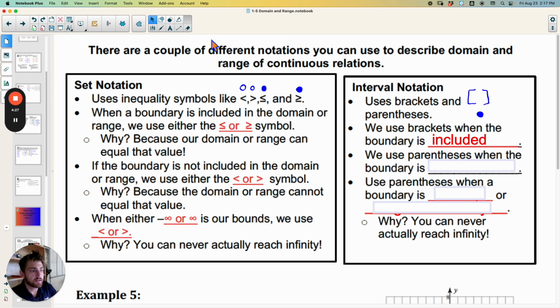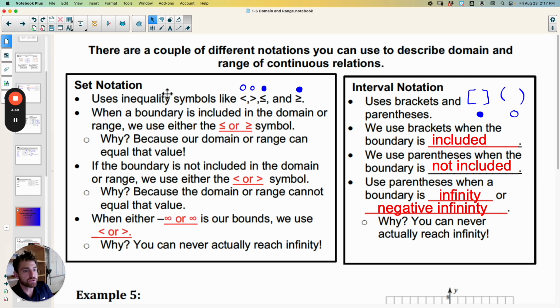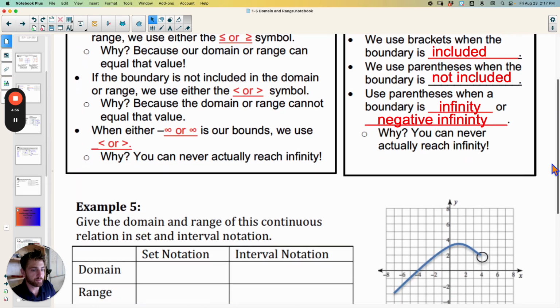And we use parentheses when it is not included, so parentheses would be like an open circle on the graph. And we use parentheses when a boundary is infinity or negative infinity, and again, because you can never actually reach infinity. So these are 2 different ways to represent the same thing. We're going to use both of these to represent domain and range, and we'll see that in the examples below.